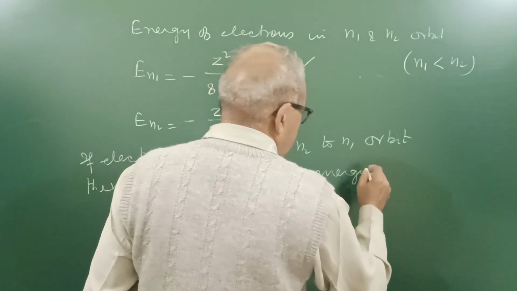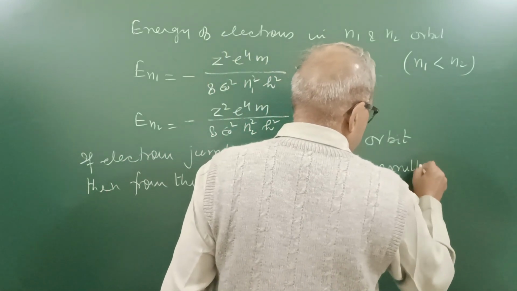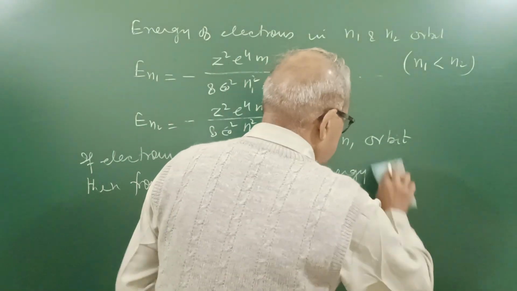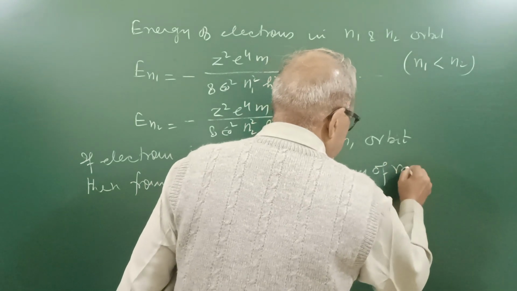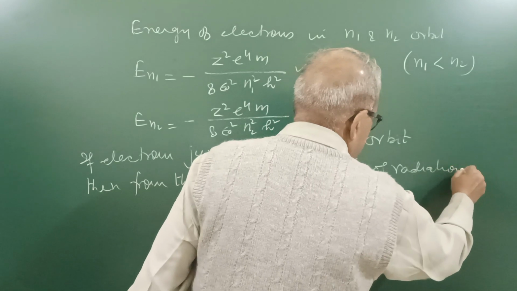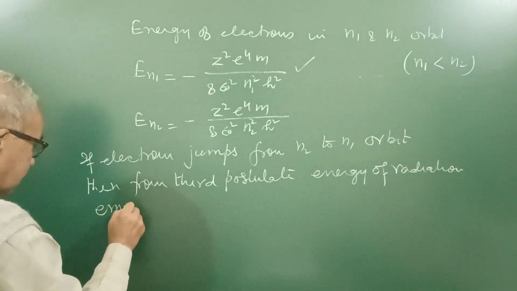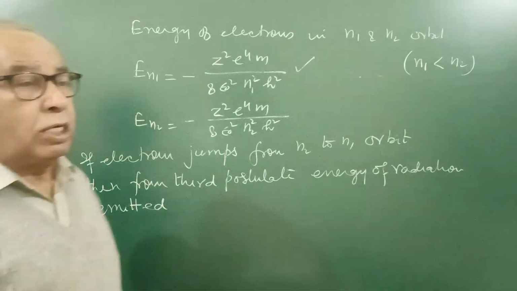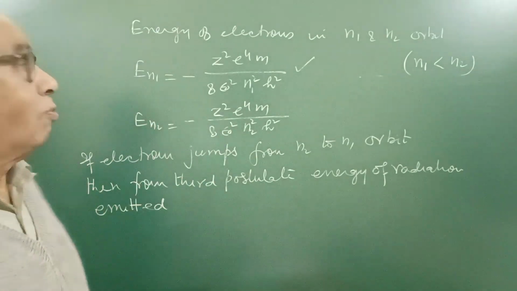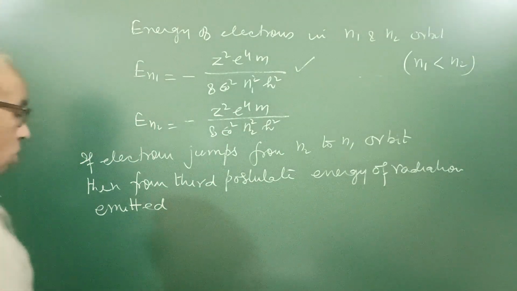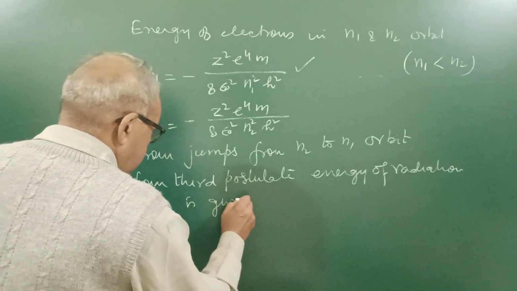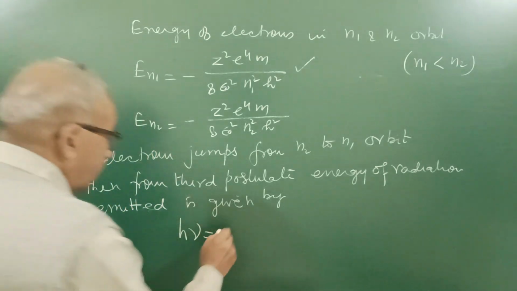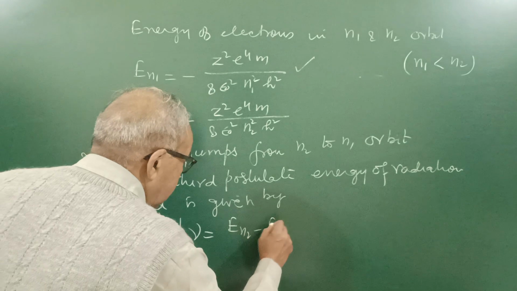the energy of radiation emitted. The electron loses energy when it jumps from higher to lower orbit, in the form of electromagnetic radiation, which is given by h nu equal to En2 minus En1.